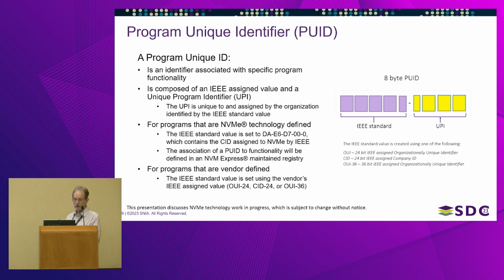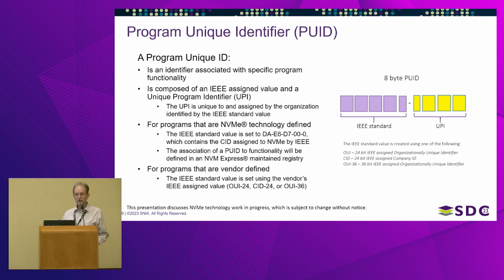The association of a PUID to functionality will be defined in an NVM Express maintained registry. There is a technical proposal under development for defining that registry. The mechanism for maintaining that registry is not complete yet.